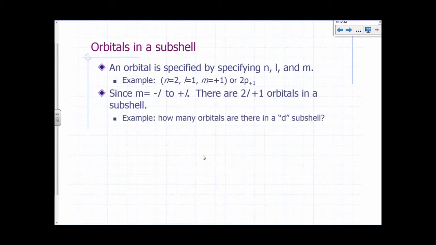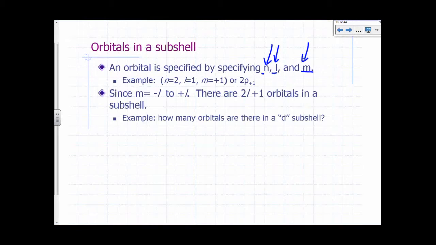Now, an orbital is specified by specifying n, l, and m. All the orbitals we use to describe electrons have these three quantum numbers associated with them. If you specify n, l, and m, you are specifying a particular orbital.